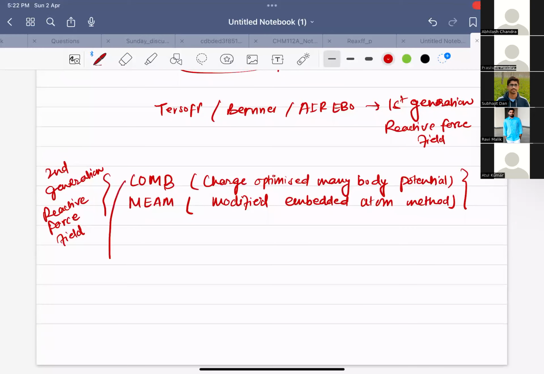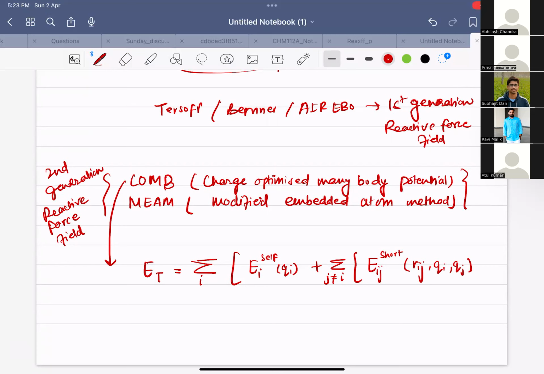The COMB has this form. The total energy is the summation of the self energy of the atom, E self of Q i, plus the summation over atoms i and j of E short, which refers to the bond order potential between atom i and j.